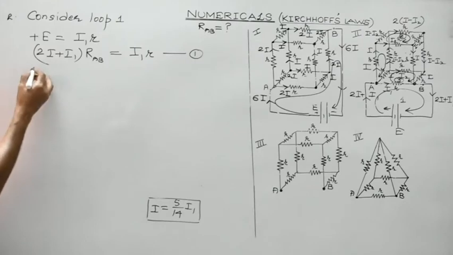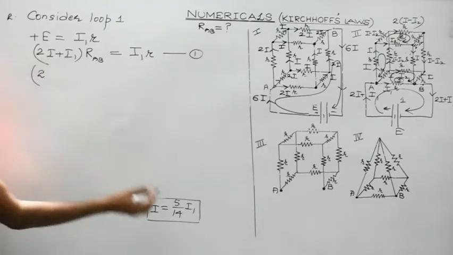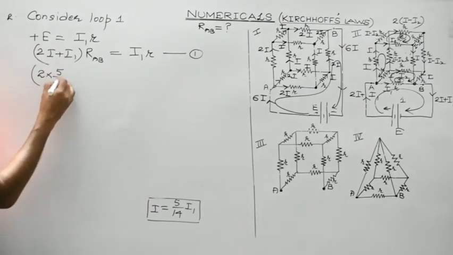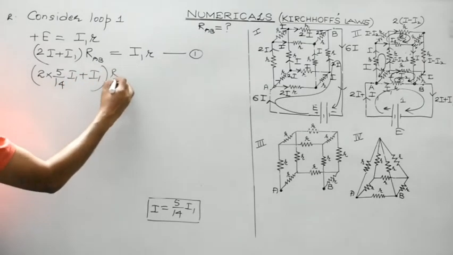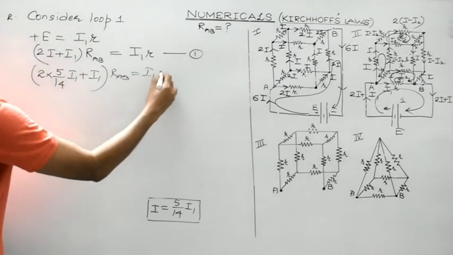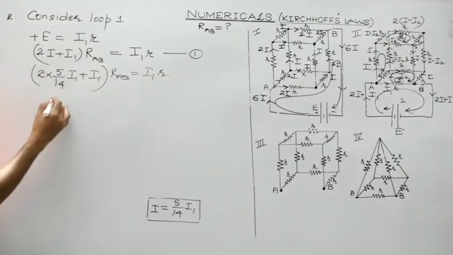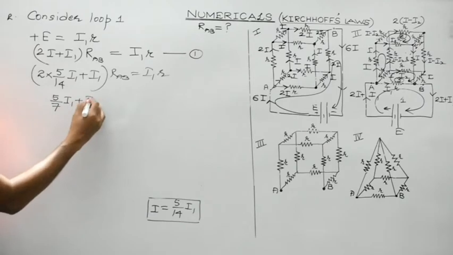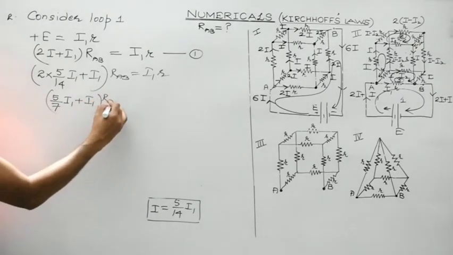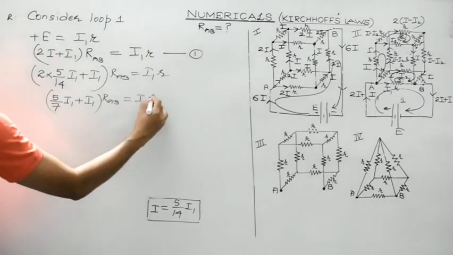So what you get is 2 in place of I, write 5 by 14 I1, plus I1 into RAB is equal to I1R. So what you get is 5 by 7 I1 plus I1 into RAB is equal to I1R.